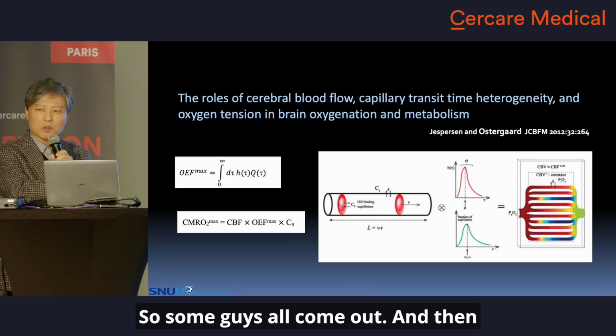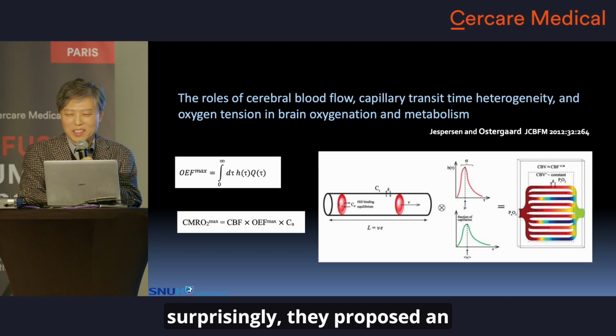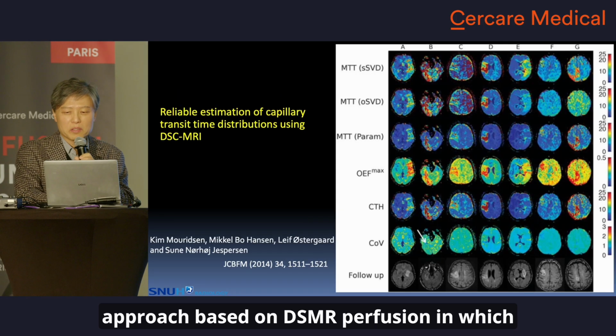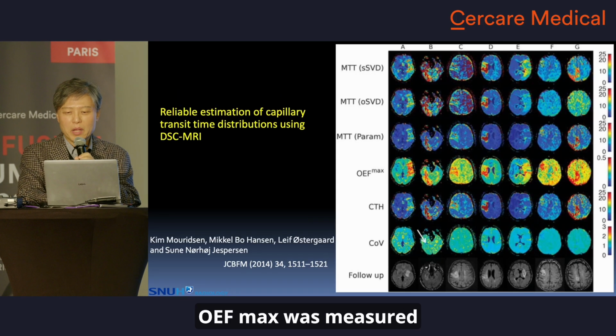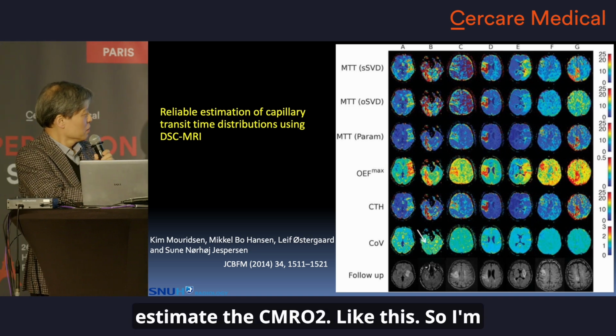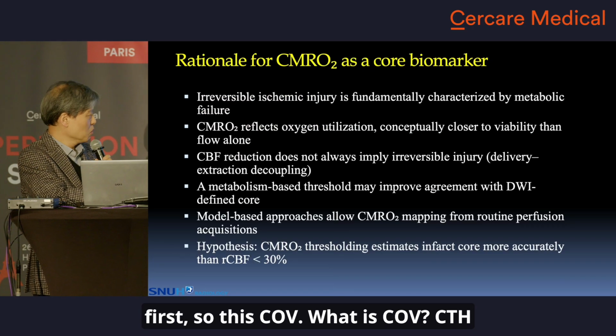So some people came out, and surprisingly, they proposed an approach based on DSC MR perfusion, in which OEF max was measured and subsequently used to estimate CMRO₂, like this. I first saw this COV.